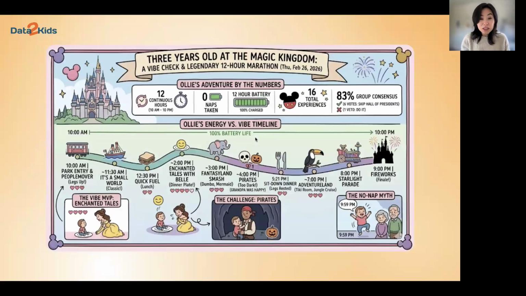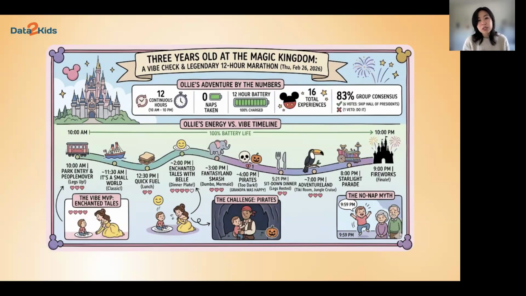And finally, this one is a journey. So we took her to Disney World in Orlando a few months ago now. And it was a very packed day for us, but it was so interesting to see her reaction throughout the day.